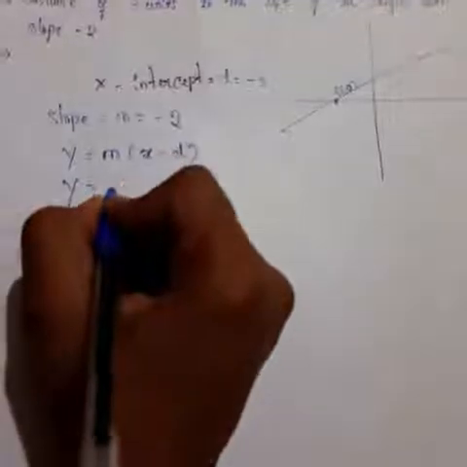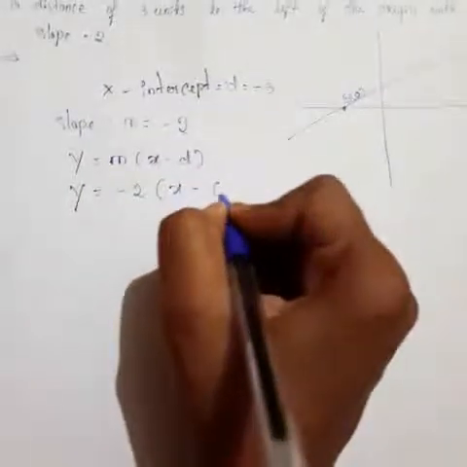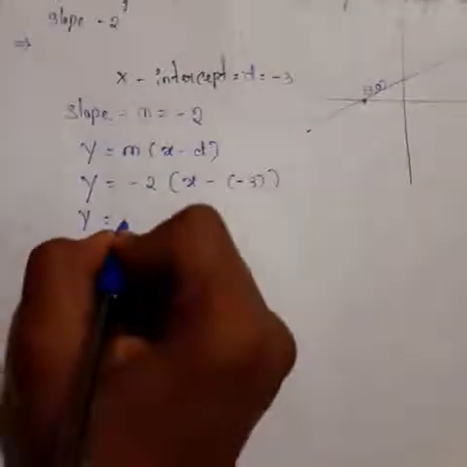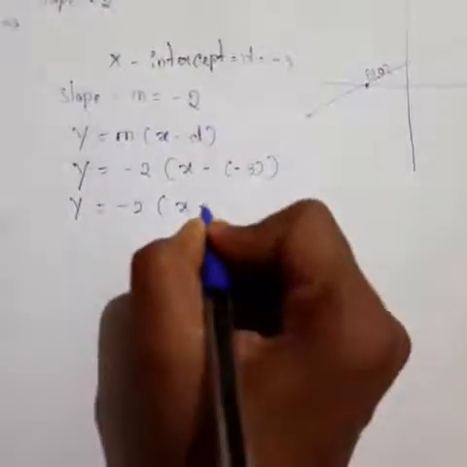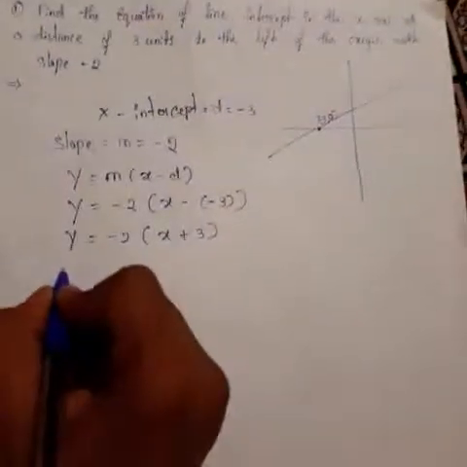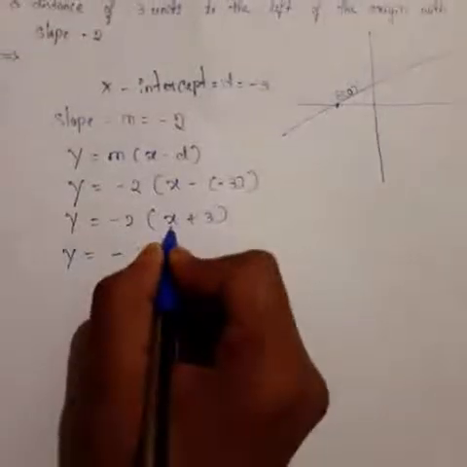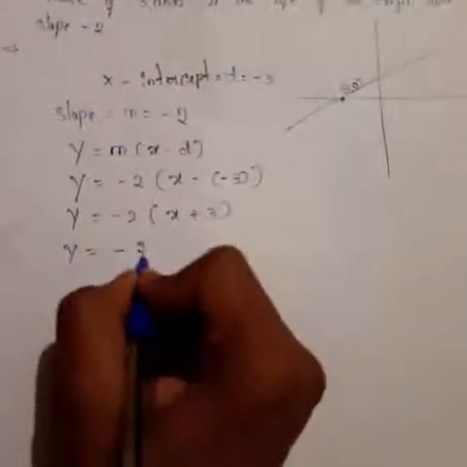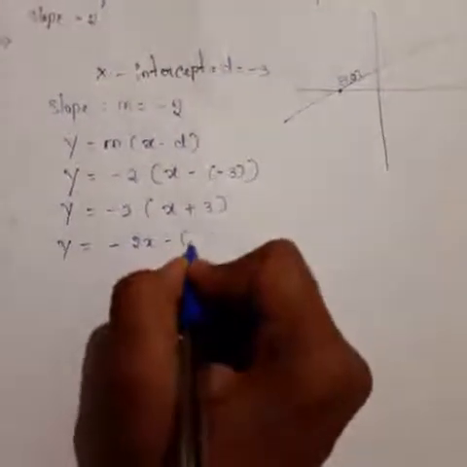y equals m, which is -2, times x as it is, minus d, which is -3. Next, y equals -2 times (x minus into minus, plus 3). Then y equals -2 times x is -2x, and -2 times 3 is -6.